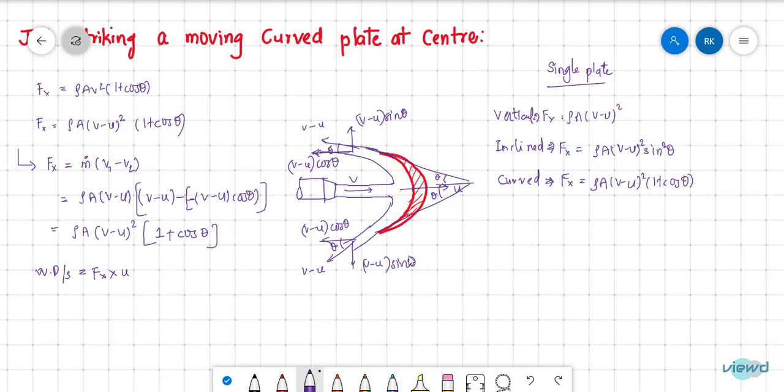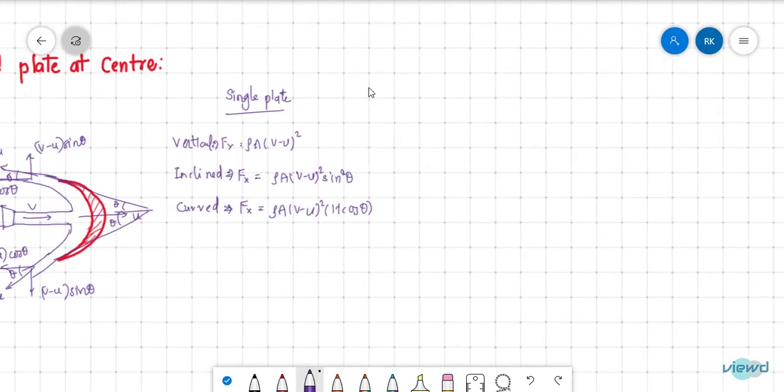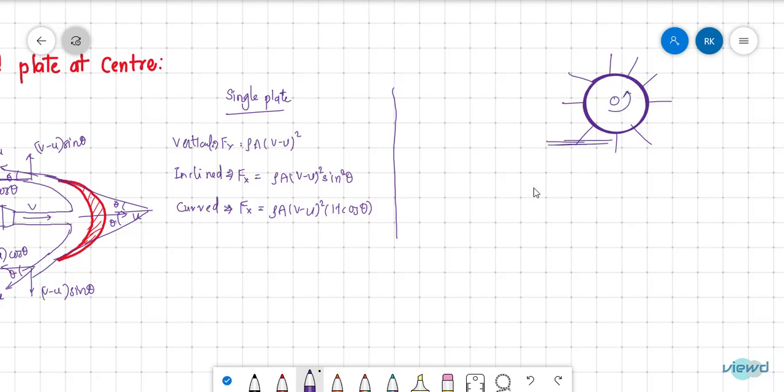Now if there is a series of plates on a runner, the plates are like this on the runner, and due to the jet, it is moving in this direction. This is the nozzle.